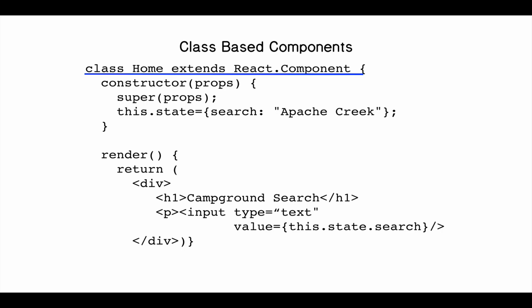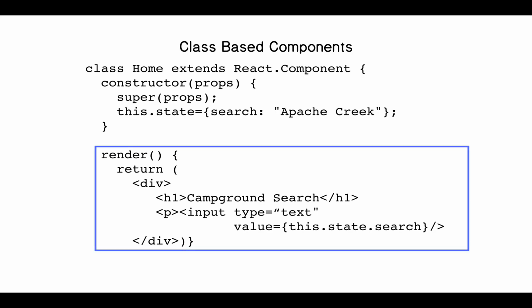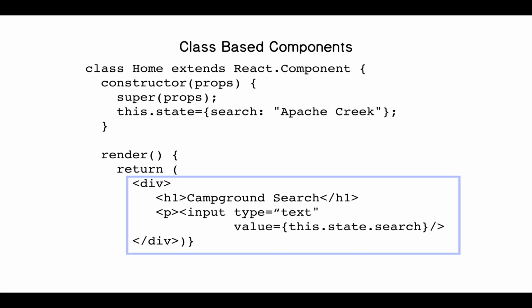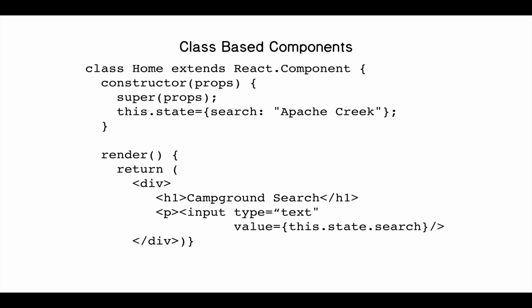Here's an example where we have this class called Home that extends React.Component, and we have a little constructor there that sets a variable, this.state, with that JSON object, where searchKey is the key and Apache Creek is the value. And we have this render method on the bottom that simply returns, again, an HTML snippet, this time with the h1 Campground Search and that input field, with the value being this.state.searchKey, which is what we set up in the constructor. So that's kind of cool.